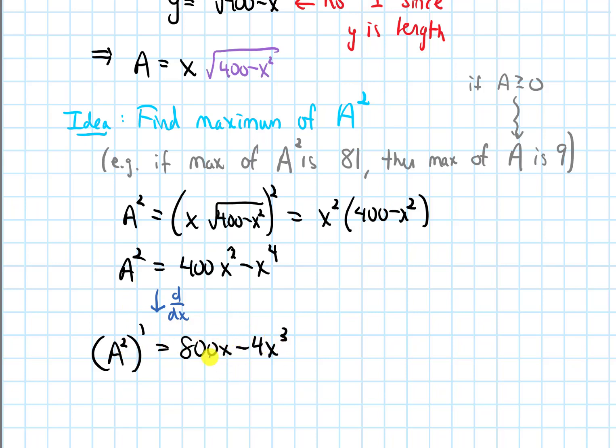We need to find critical numbers, so let's factor it. I can take out a 4x and be left with 200 minus x squared. And from here, I'll be able to figure out when this is equal to 0 and when it is undefined. So our derivative equals 0 when x equals 0.